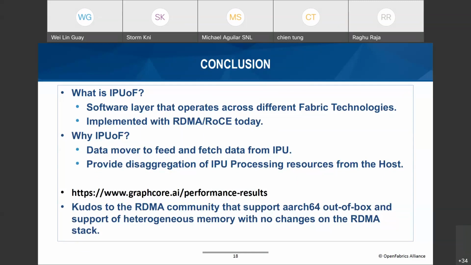The key motivation is to provide disaggregation of the IPU processing pool from the host processing, which means that we can scale the number of IPUs independent of the number of hosts. The functionality of IPUoF is basically a data mover, moving data from the host into the Bow M2000, as well as discovering the remote devices.